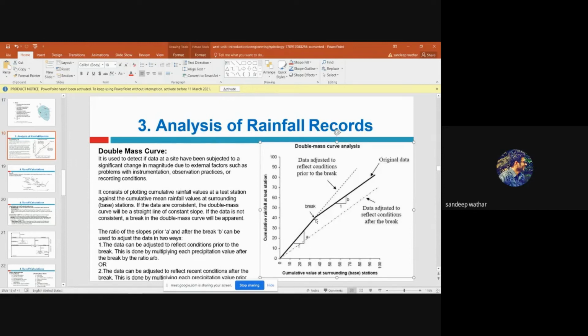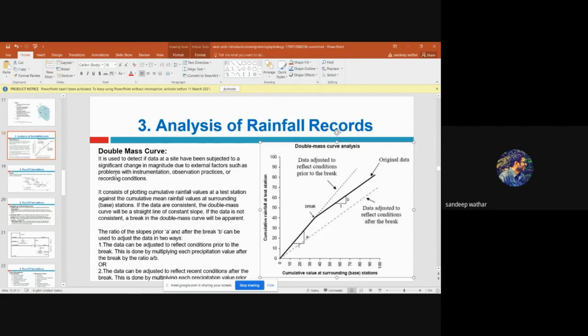At that break point, we'll find out the slope before the breakpoint and after the breakpoint, and we'll take the ratio of those slopes a by b, and we'll multiply with all the values of rainfall in the test station after the breakpoint with a by b. Okay, that's how we try to find out the consistency of rain gauge station. So these are some of the methods to determine the consistency of rainfall records.